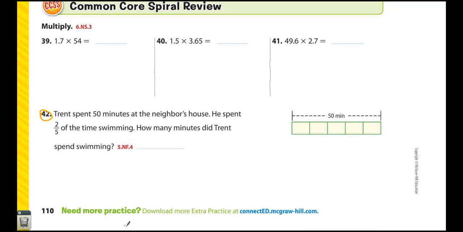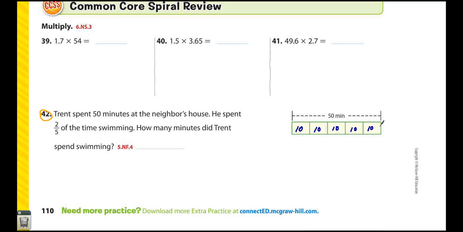So we are using our diagram that we did with our inquiry lab. We've taken the 50 minutes and divided it into 10-minute blocks. So we know each of these blocks is going to be 10 minutes in size. So I'm going to just label my blocks 10 minutes each. Now, I want to know how much time was spent for 2/5 of that.